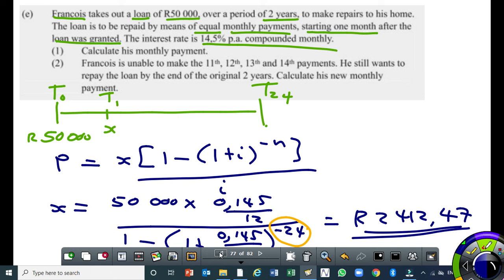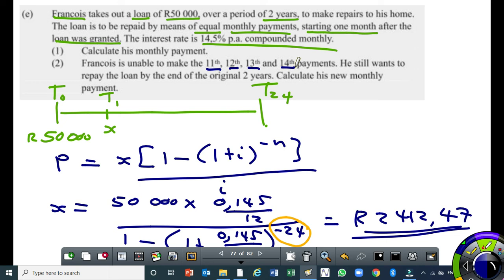Then he could not pay the 11th payment, the 12th, the 13th, the 14th. You get that part? So he made 10 payments, but he missed the 11th, 12th, 13th, and 14th payments.